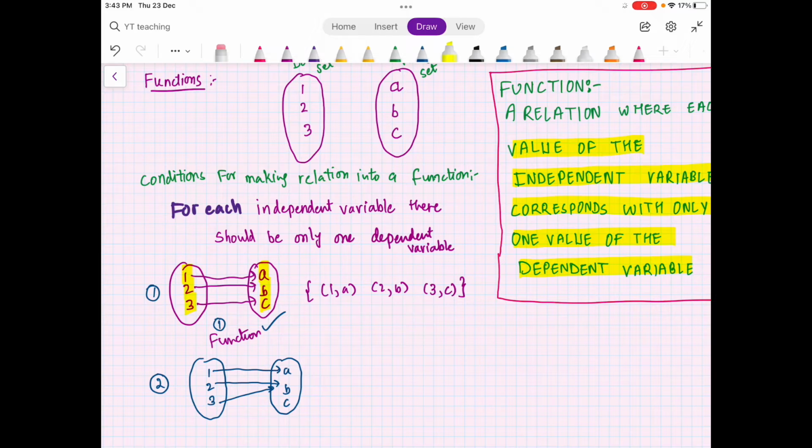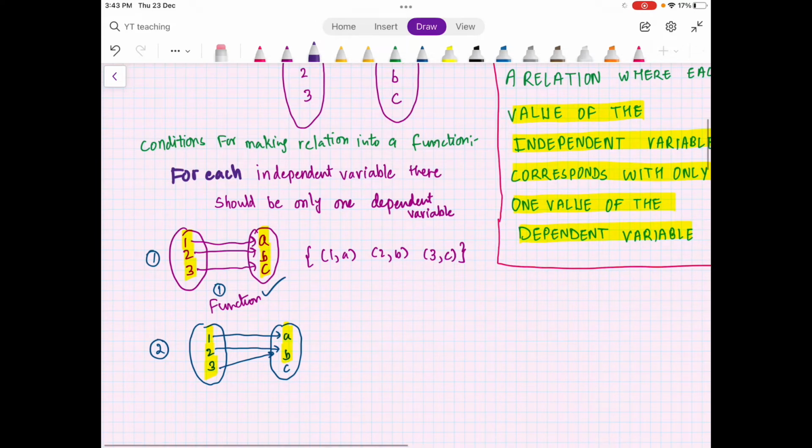So you see, for one independent variable, I have only one dependent variable. 2 is an independent variable, and corresponding to 2, only b is the dependent variable. And corresponding to 3, only b is the dependent variable. So we can have the same dependent variable for two values of x, but the condition is that for each element in the domain set, there should be only one element in the range set.